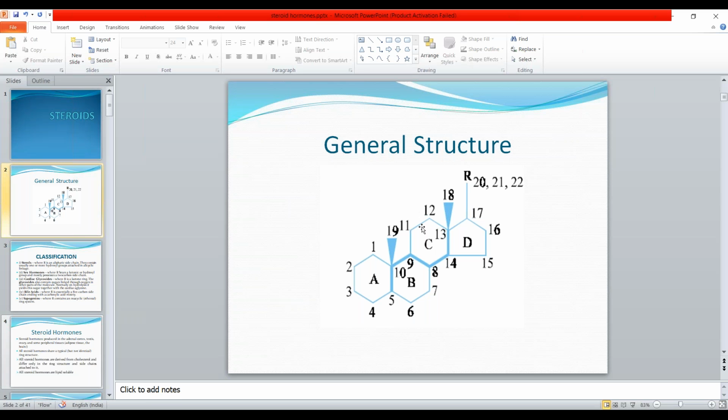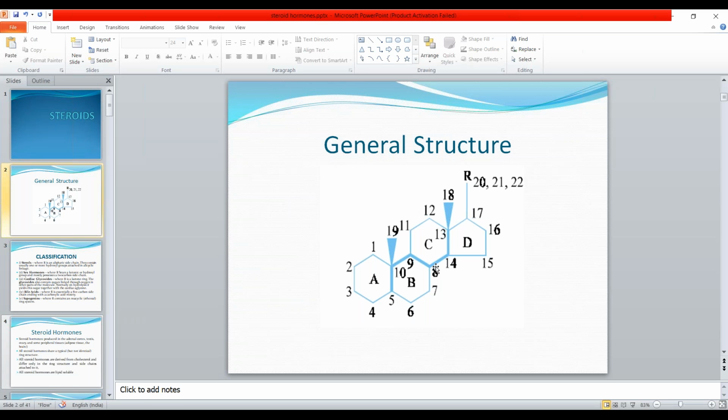Now, based on what can be attached and where it can be attached on this general structure, we have different names. Before we start giving different names and classifying these steroidal structures, one thing you should make a note of: keep your hand in front of you and say that it is the plane, and this cyclopentanophenanthrene ring structure is present on this plane.